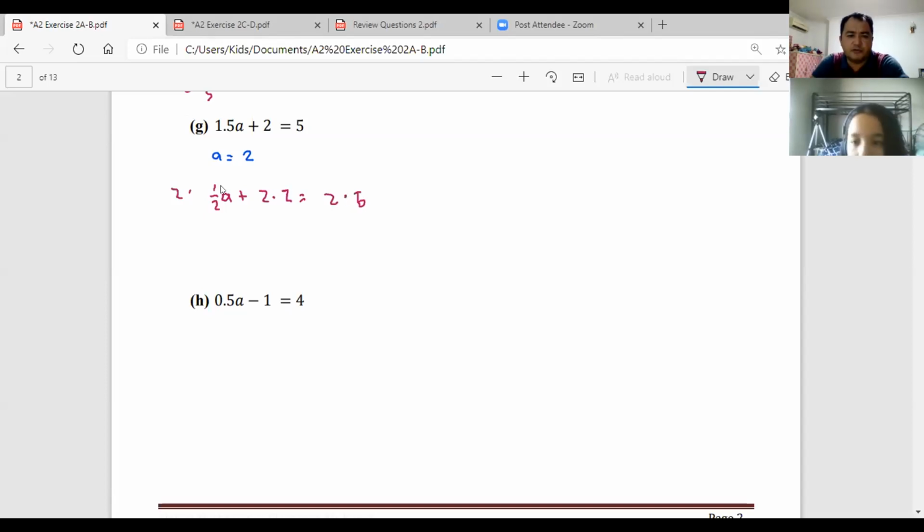Shahina, why did you write 1/2? Oh, I just turned it into a fraction. But 1.5 is 3/2, not 1/2. Oh, 1.5. I thought it was 0.5. It is 3/2. Okay.